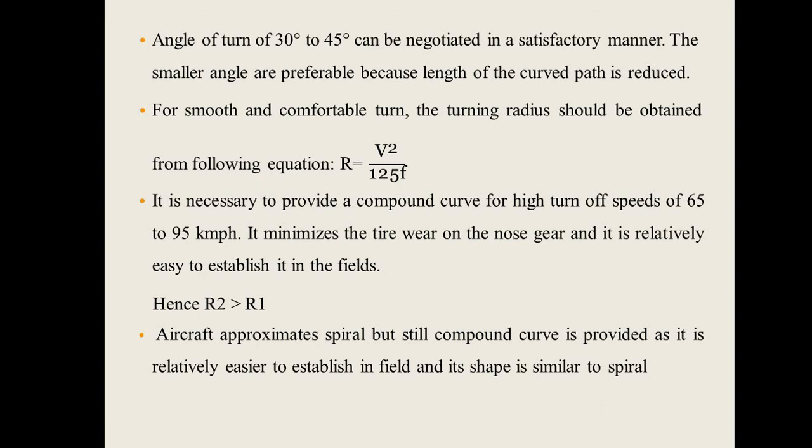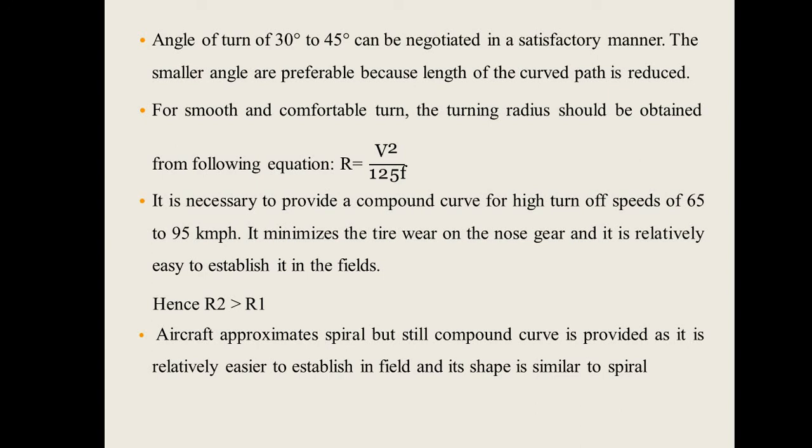An angle of turn of 30 to 45 degrees can be negotiated in a satisfactory manner. The radius is given as V² / 125f, which is the same as for the normal taxiway. A compound curve is provided for a speed of 60 to 95 km per hour.